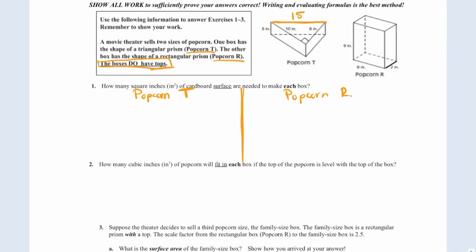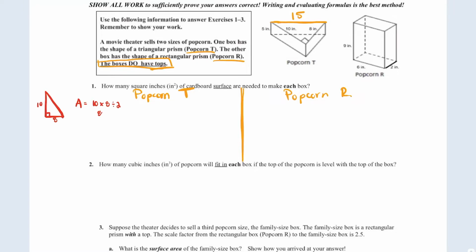So finding the surface area of my triangular prism, remember we're just finding the area of every face on the box, and we're just finding the area of every base, and then we're just adding them together. So the dimensions of this triangle are 10 by 8. Now to find the area of the triangle, we take 10, we multiply it by 8, and then we're going to divide by 2.